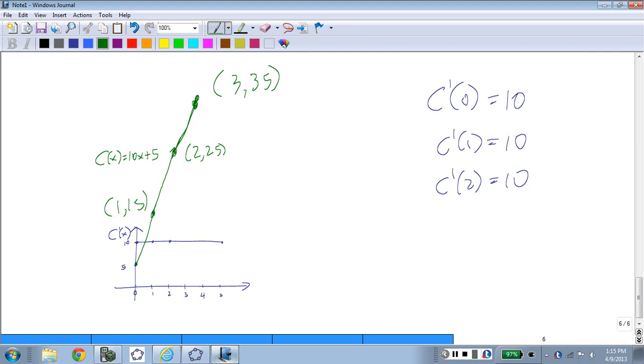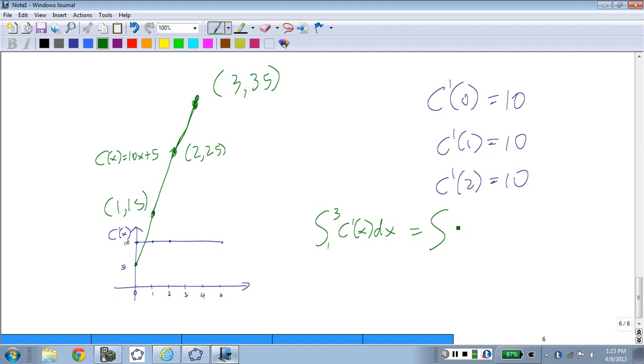But I think that's different from the area from 1 to 3. All right? What's the area from 1 to 3?